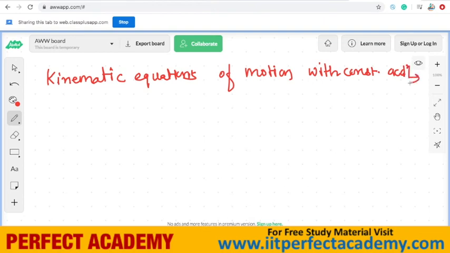Now there are many methods to derive them. I will not be going into derivations because you already know how to derive them.